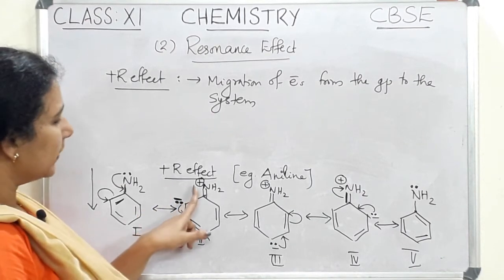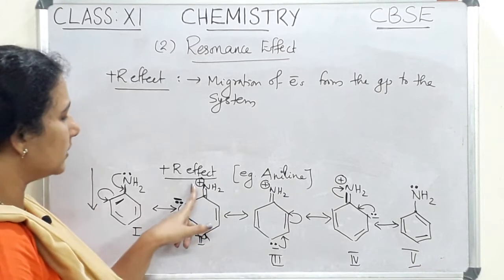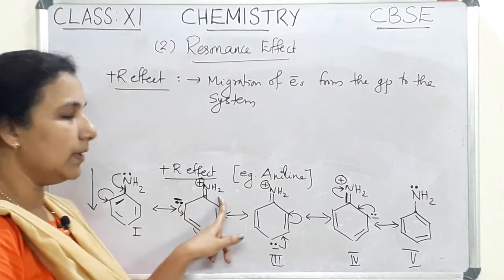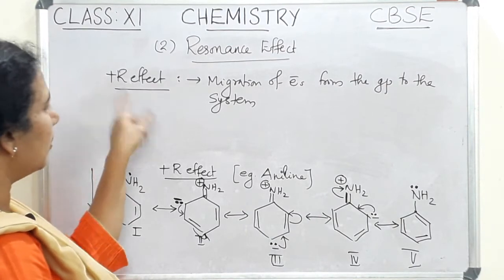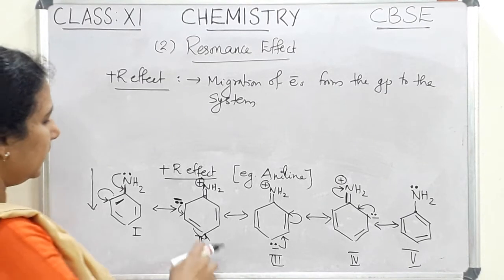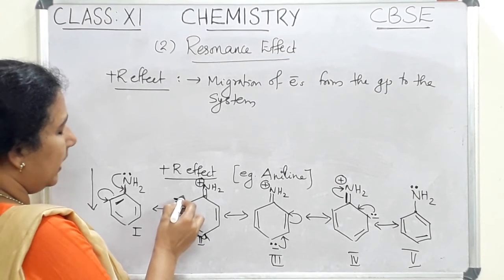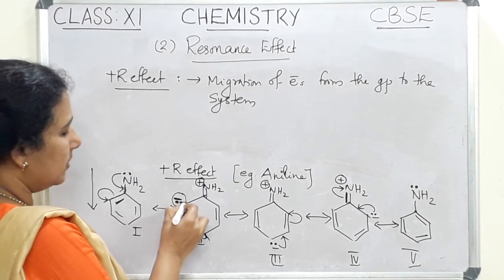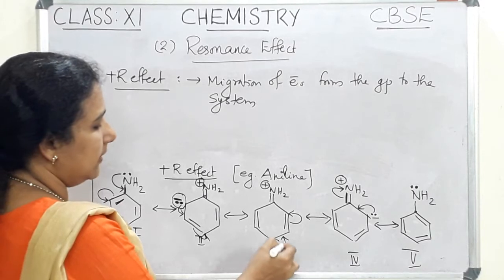And also we can see there is a positive charge on the group, since electrons are migrating from the group to the system. That is why it is called a plus R effect, or a positive resonance effect. And in this case we can see there is a negative charge at certain positions.